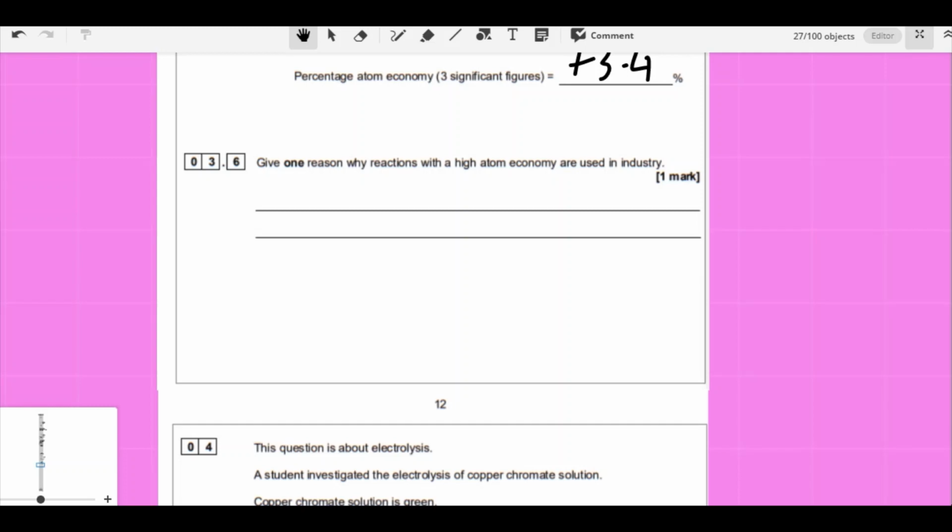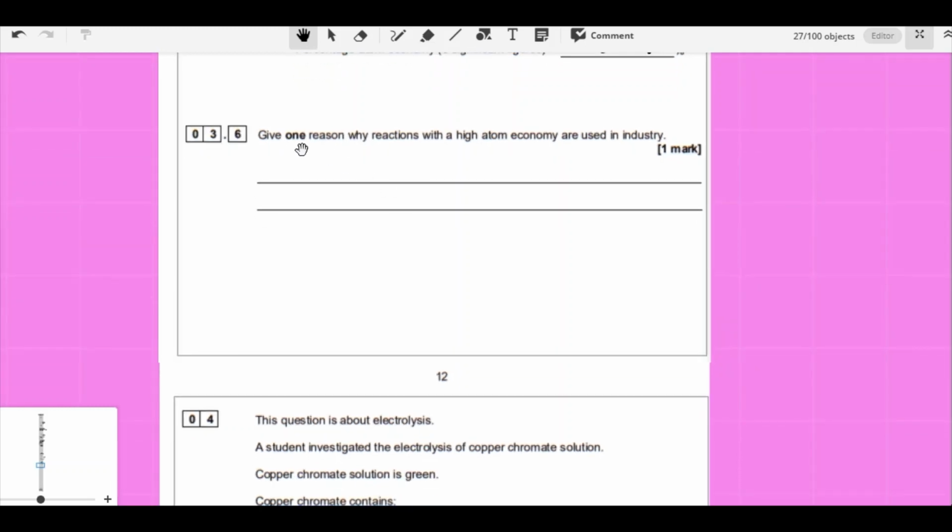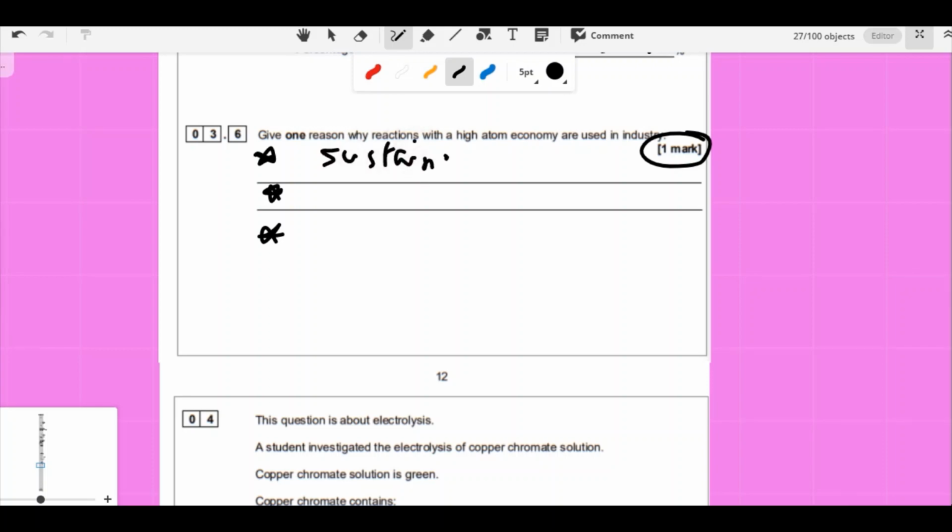Okay, the next one: give any one reason why reactants with high atom economy are used in industry. That is a 1 mark question. You can write any one. Here I am going to show you the reasons, for example, for sustainable development, that is the first reason.